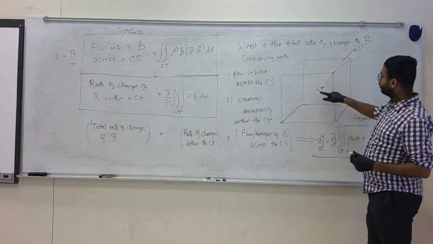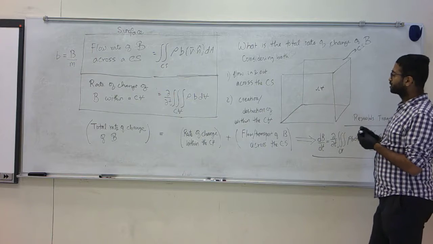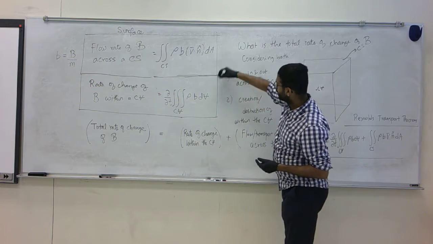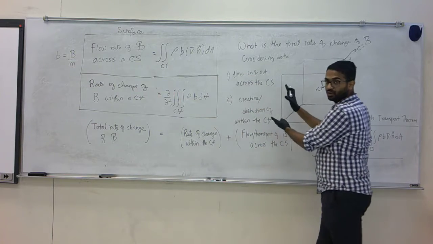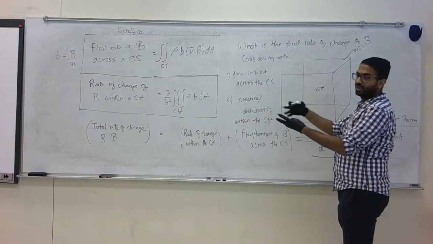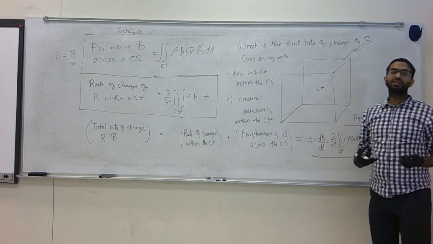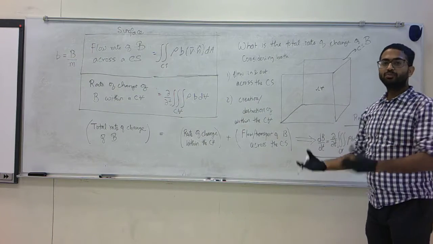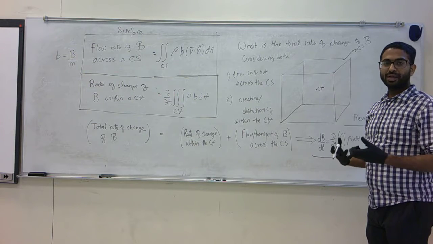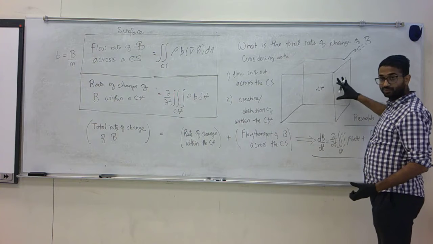One is that B can be brought in and taken out. For example, if you had a fan that's blowing cold air, or let's say you have a heat gun that is blowing hot air, the hot air along with its flow also brings the temperature or the thermal energy into this volume.